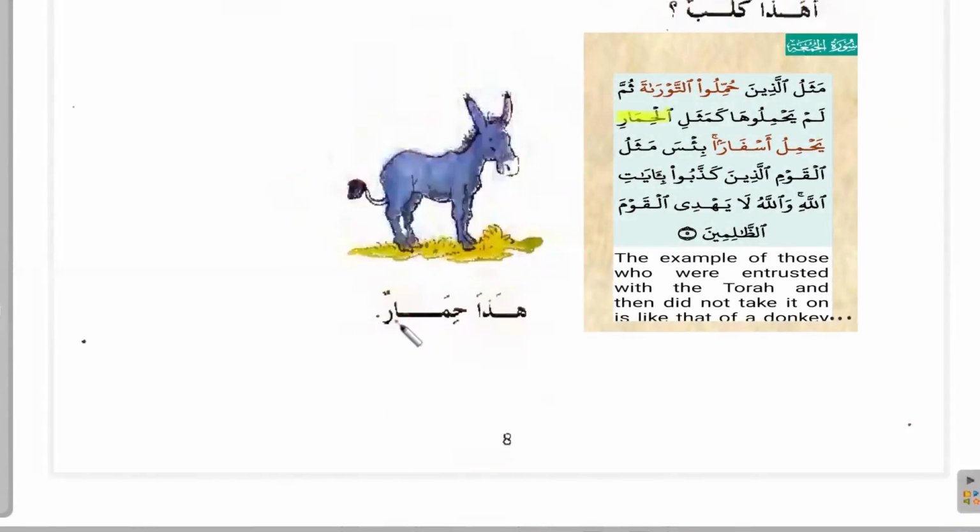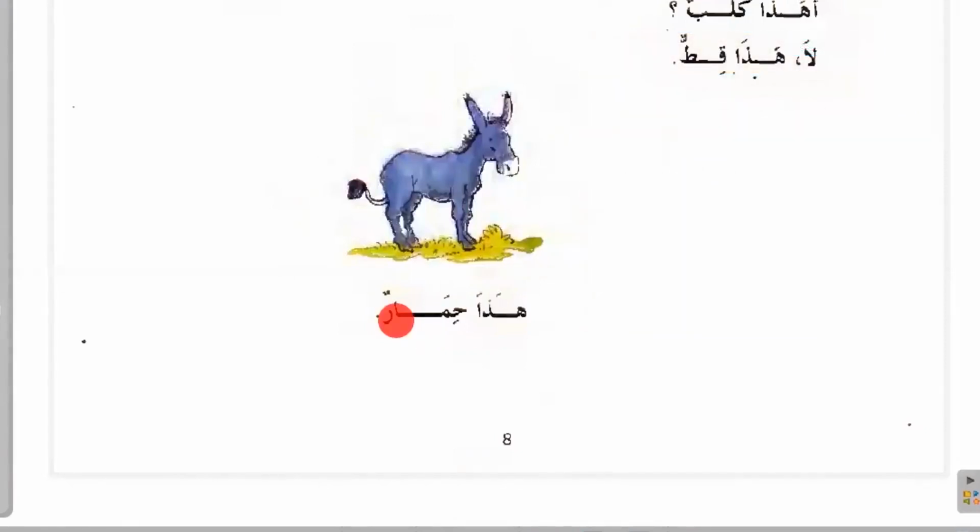Allah is describing a particular group of people. Their example is like a donkey carrying loose volumes of books. See, himarun is the same word there. A donkey is called himarun in Arabic.